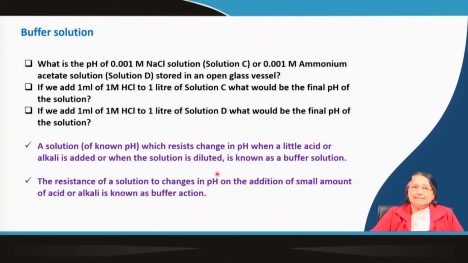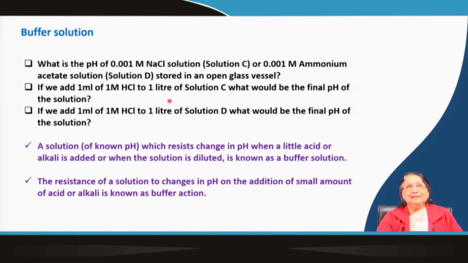When you add HCl, it is expected that the pH will change. But if you add some HCl or NaOH to a buffer solution, the pH will not change. That is called the buffer action, and the solution is called a buffer solution.